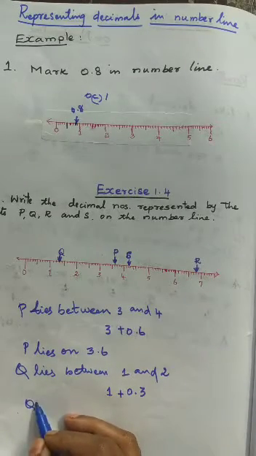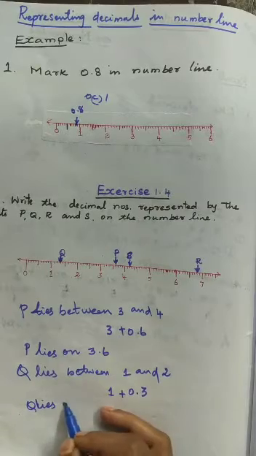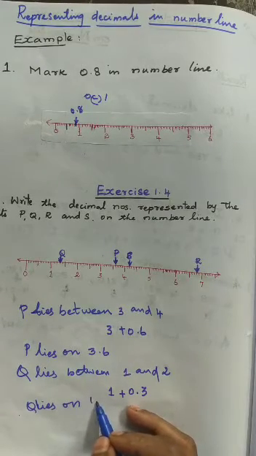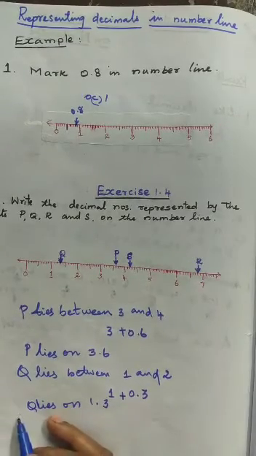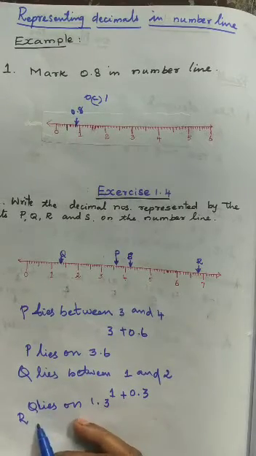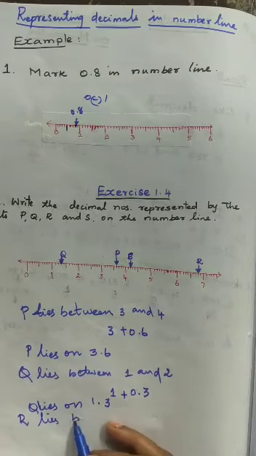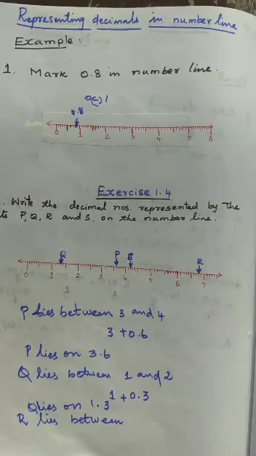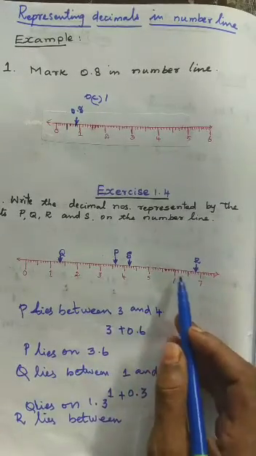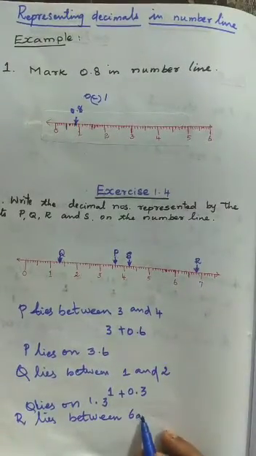So Q lies on 1.3. Then next one, R. R lies between 6 and 7.